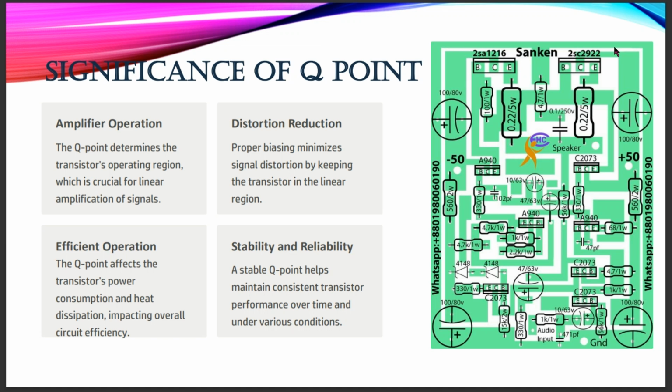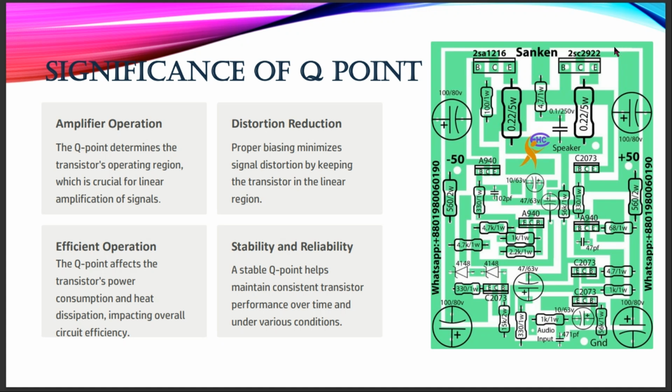Significance of Q point. There are four significant aspects: amplifier operation, distortion reduction, efficient operation, and stability and reliability. Amplifier operation: the Q point determines the transistor's operating region, which is crucial for linear amplification of the signal.